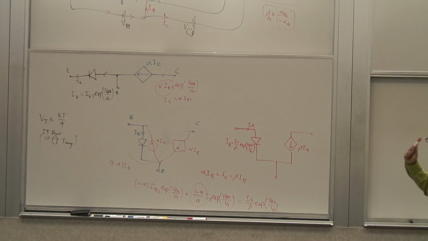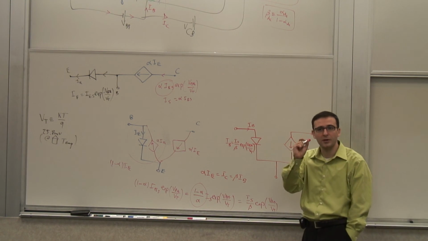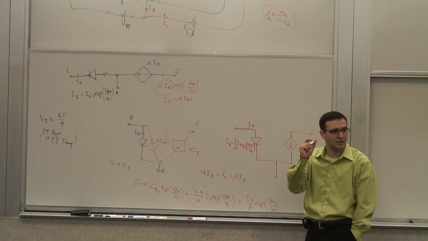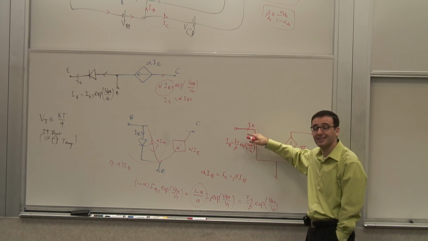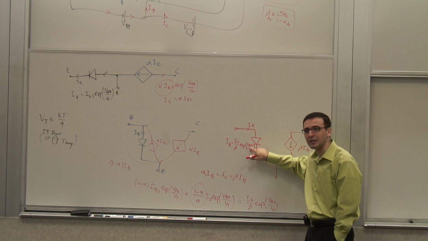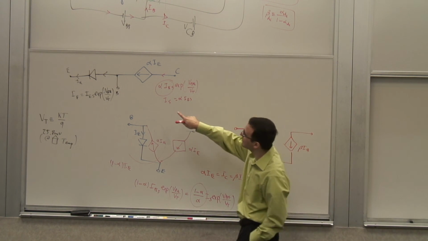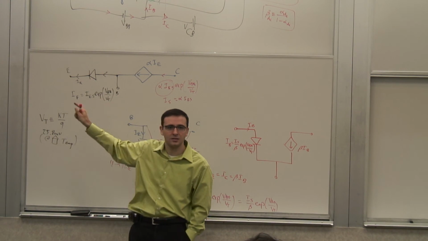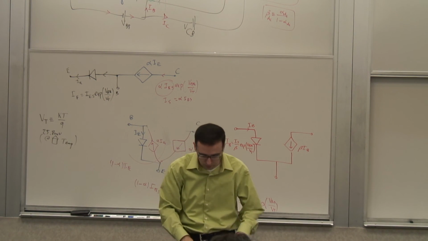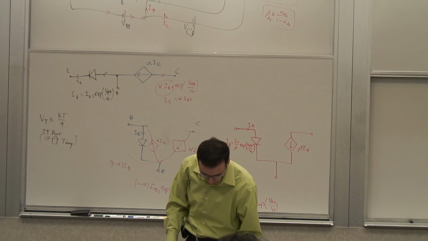But keep in mind, the real physical parameter that controls the collector current is not really the base current. Indirectly it is, but directly it's the VBE. That's why I say this is probably a more physical model. It's closer to the physics of the transistor than that.